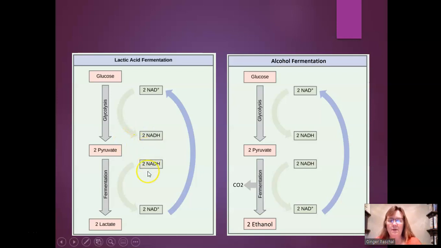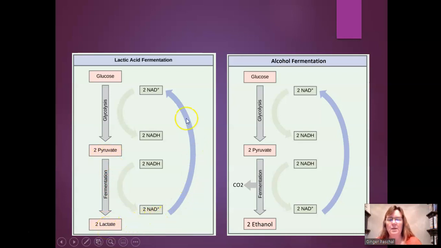So we have to free up the NAD+ by getting rid of those electrons and the hydrogens. NADH will give its electrons and hydrogens back to the pyruvates, forming lactate.